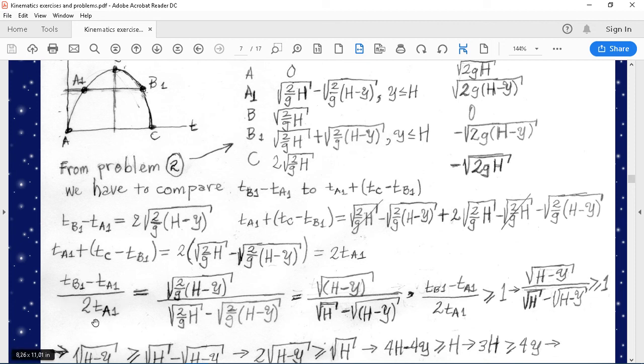We take the ratio (tB1 minus tA1) over 2tA1, which is equal to this, and we get this, which gives us this, and we can notice that this ratio is greater than or equal to 1, and that this is then greater than or equal to 1.